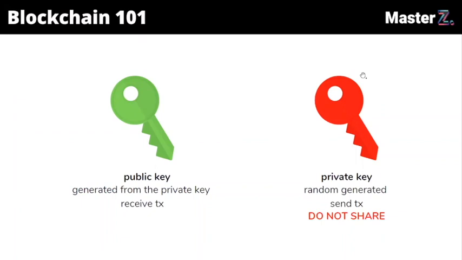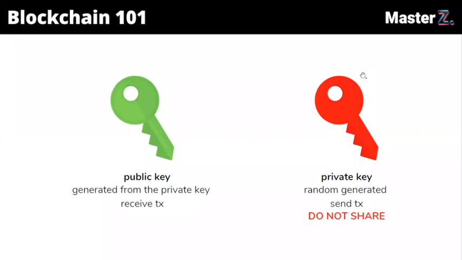From the private key a public key is generated. You use the public key for receiving transactions. It's the key that you share with people to receive Bitcoin or Ethereum or else or an NFT. And the private key is the one that you keep for yourself.